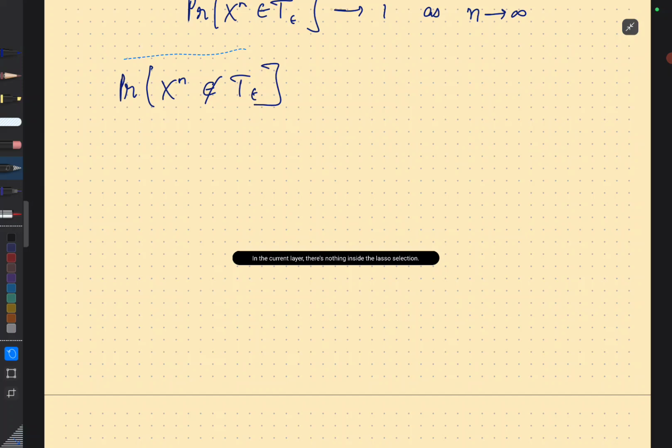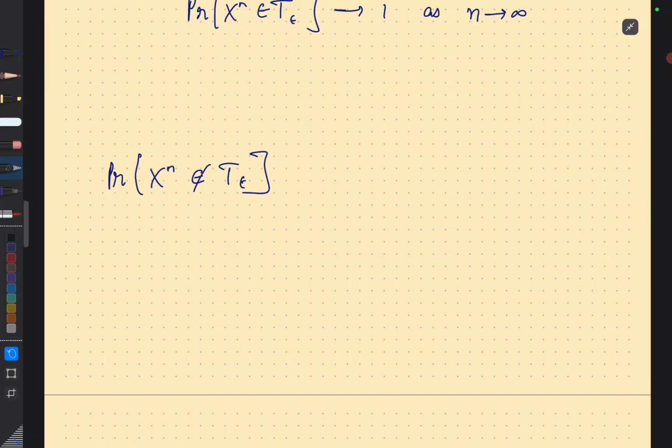what I'm asking for is something even more basic. The weight of x^n is nothing but the summation i equal to 1 to n of x_i, right? And each of these x_i's is an IID Bernoulli P random variable.